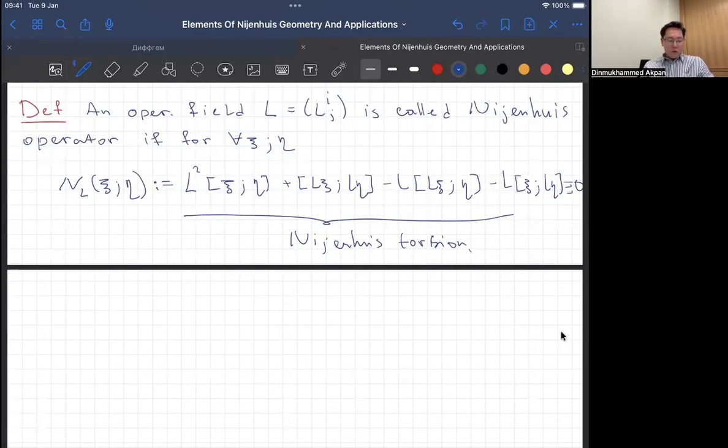The first man who introduced Nijenhuis operators was Albert Nijenhuis, a Dutch-American mathematician. He studied questions about the integrability of tensor fields, and there are theorems of Haantjes, Thompson, and Houghton, who worked with him, about operator fields that are diagonalizable in some coordinates and other very important results.